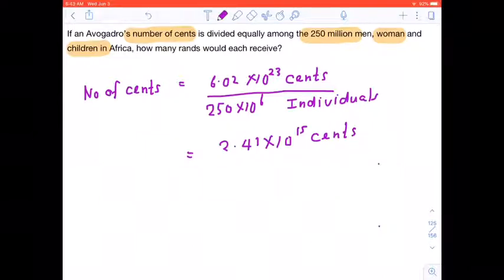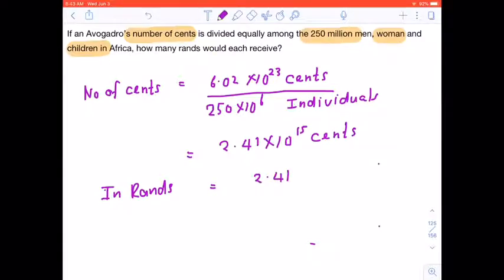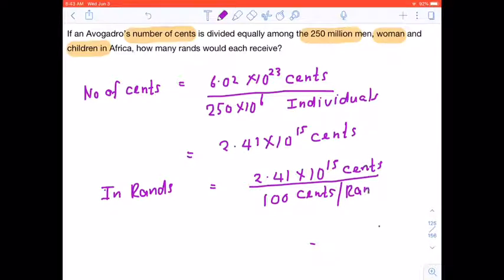So in rands, it would be equal to 2.41 times 10 to the 15 cents, all upon 100 cents, and we know it's 100 cents per rand, isn't it so?